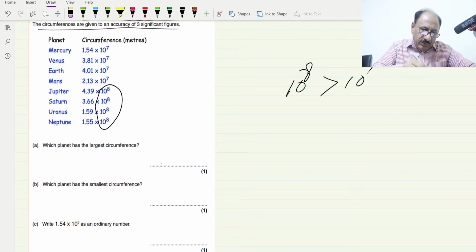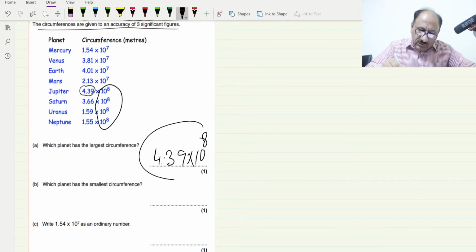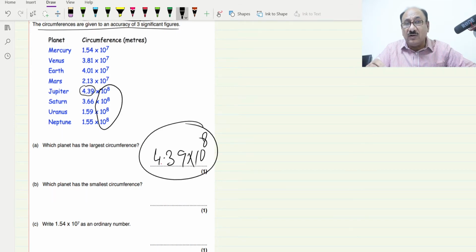Now we will be comparing the other side, and if we compare, 4.39 is the bigger number, and our answer will be over here, 4.39 into 10 raised to the power 8. This is what we have to provide as the answer. It's a 1 mark question, but it requires understanding of standard form.